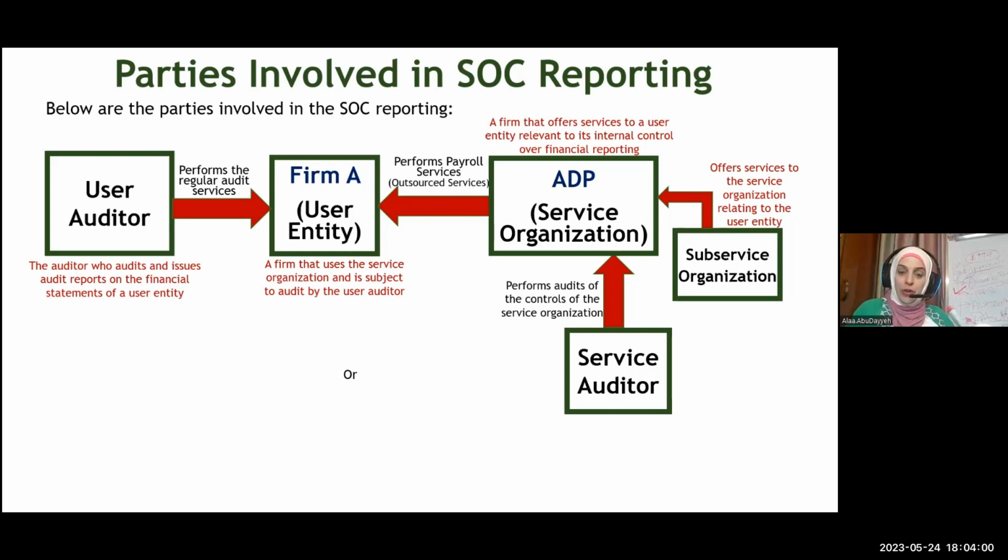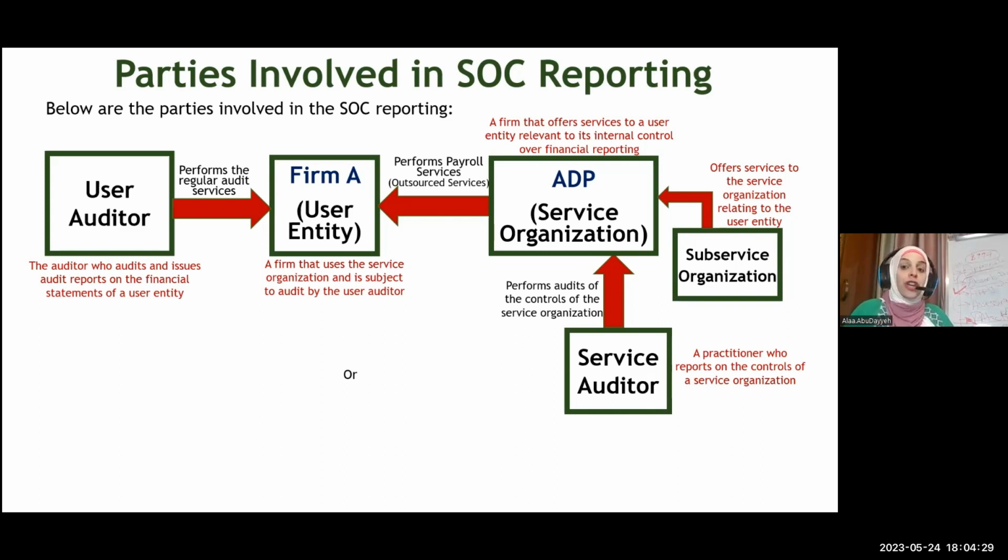So the user auditor audits the user entity, which is firm A here, and does the normal annual audits. However, the service auditor will come and audit ADP, which is the service organization that is performing the payroll services for its clients, right? So the service auditor is the practitioner who reports on the controls of a service organization.